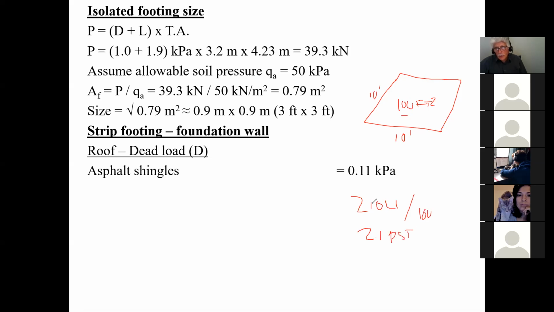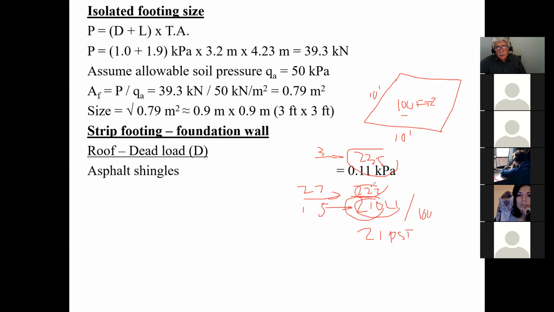You can have shingles that are 210, 225, 235. Just to give you an idea, this will last you 15 years, this one 25 years, and this one 35 years. The heavier, the more tar there is, the longer the roof is going to last. And this is how you determine the weight of your shingle.